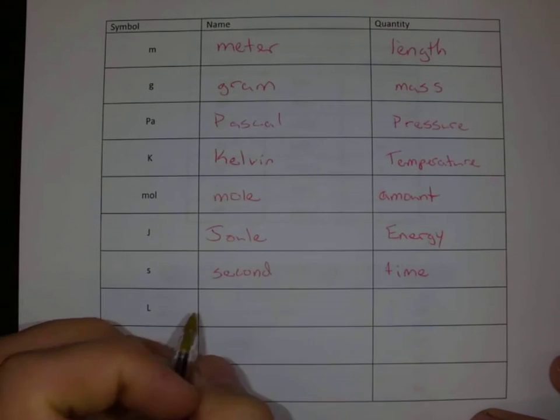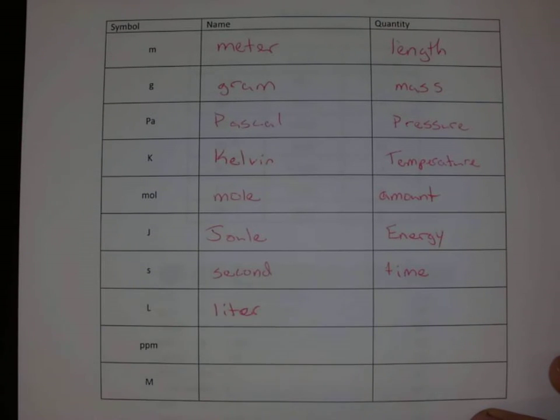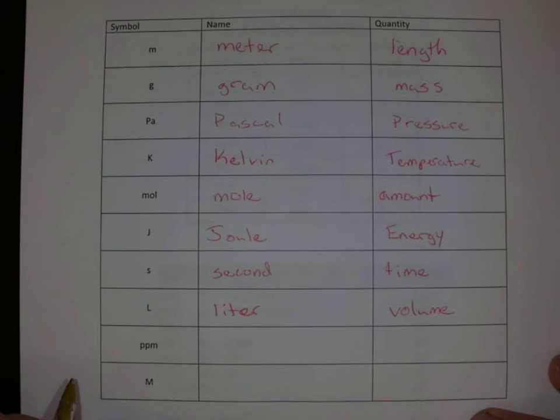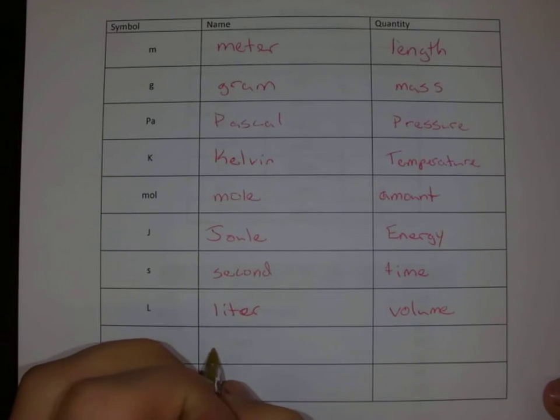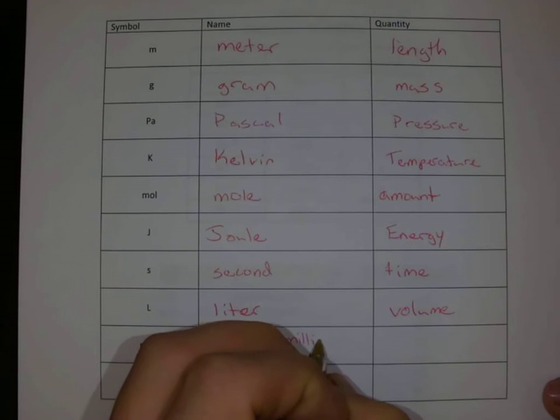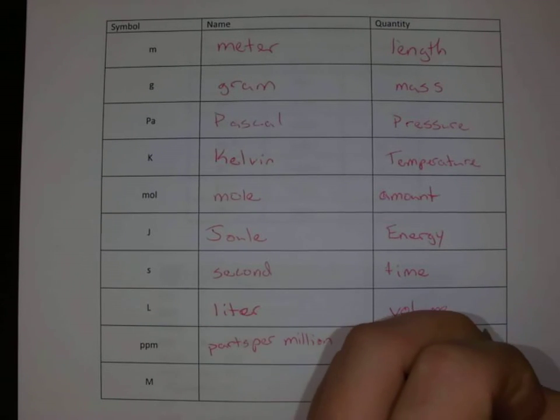L is for liter. You can spell it the British way or the English way. And this is, of course, for a volume. ppm is parts per million. And this is not SI.